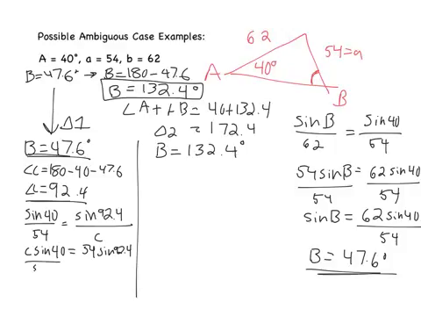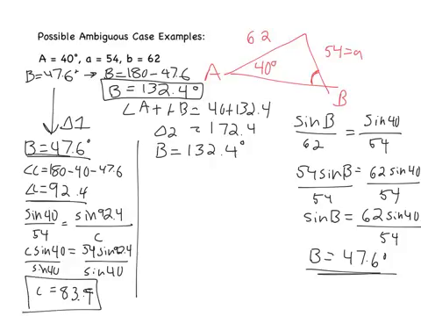I divide by the sine of 40. And I end up with 54 times sine 92.4 divided by the sine of 40 gives me 83.94. I guess I could do 83.9. And I'm done with that triangle.